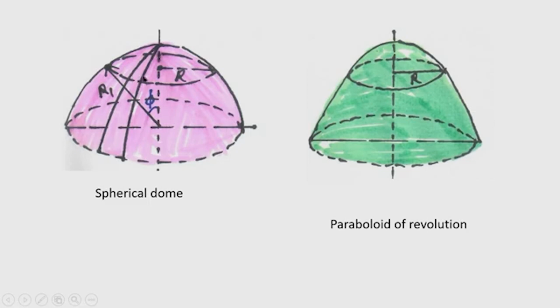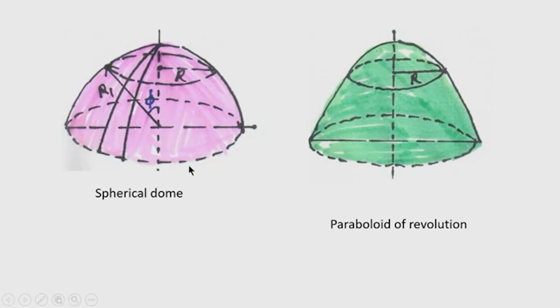The plane curve which is rotating around this axis of revolution is known as meridian. So, this is a meridional curve, and such type of surface is known as spherical dome, because this will be a part of a sphere.